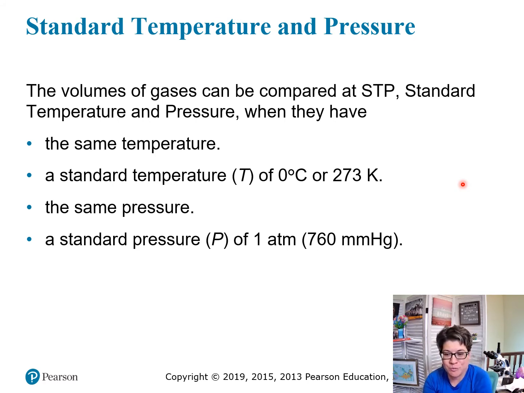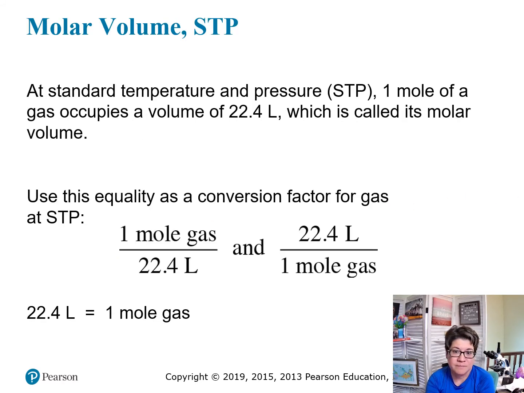It won't be 22.4 liters, but we just assume that we're keeping temperature and pressure the same. So that's our standard. 1 mole of any gas, doesn't matter what kind of gas, is 22.4 liters. And we're going to use these conversion factors for that at STP. So STP is that standard temp and pressure of 0 Celsius, 273 Kelvin, and 1 atmosphere.